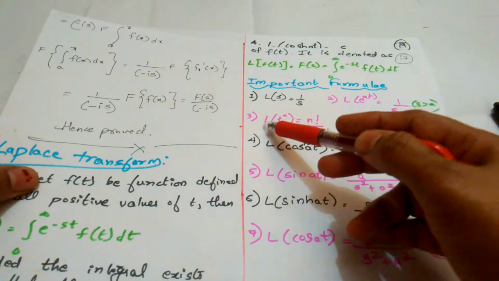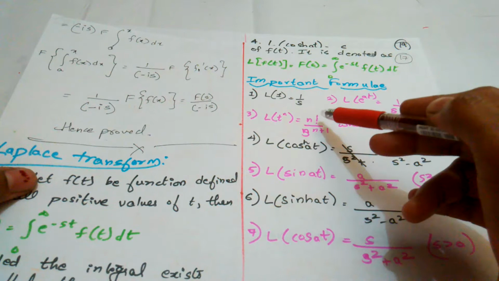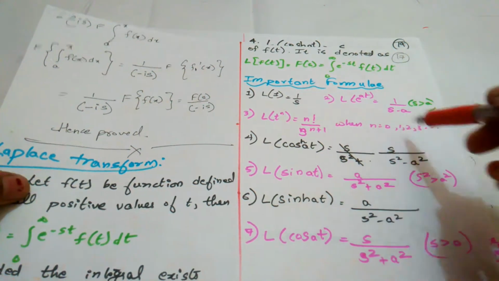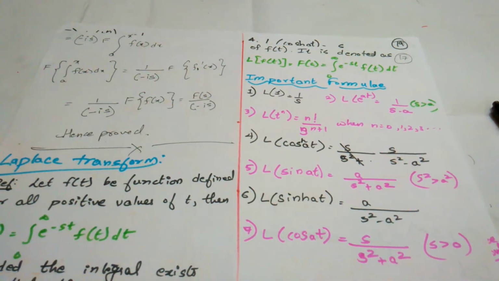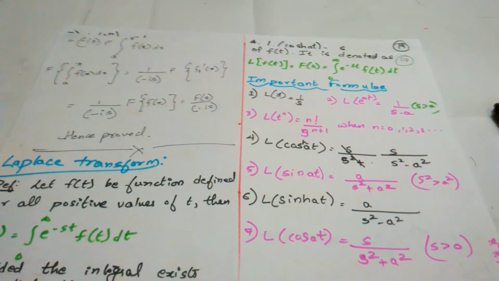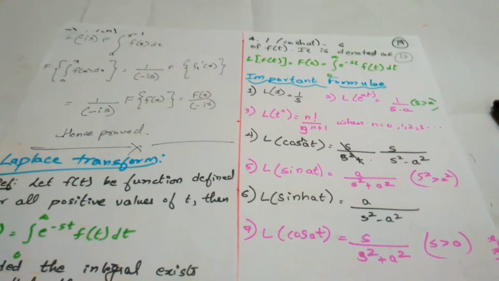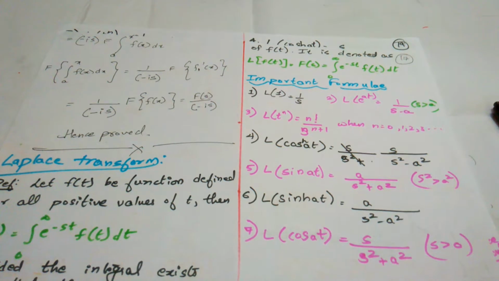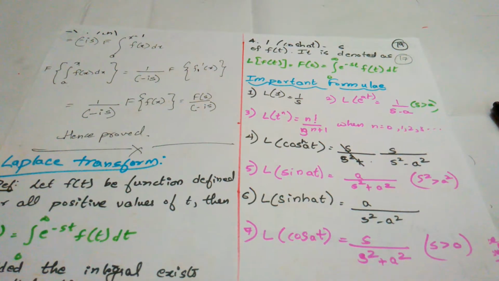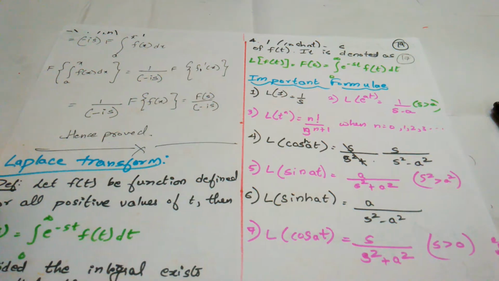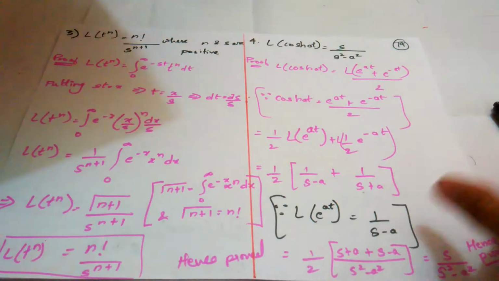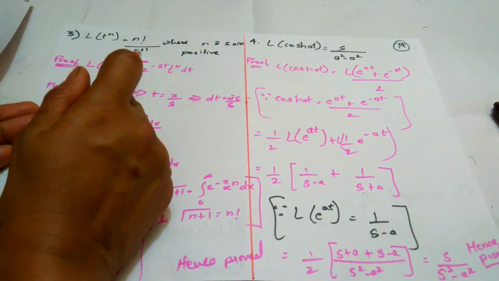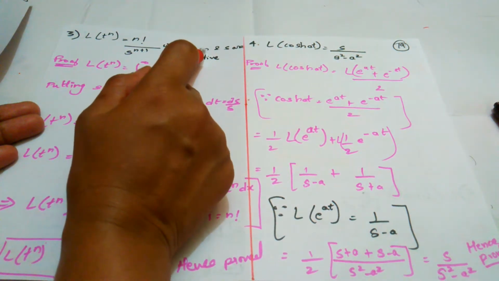Third formula, what we have to prove is L of t raised to n is equal to n factorial divided by s raised to n plus 1, where n is equal to 0, 1, 2, 3 and so on, and s is positive.